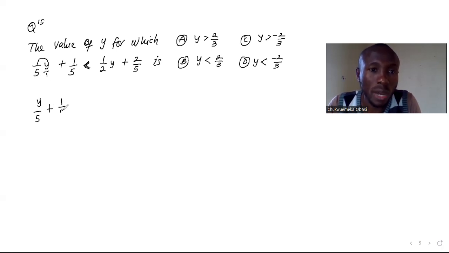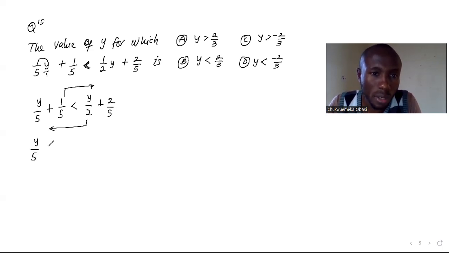Here is 1 over 5, less than, of course, here should be y over 2 plus 2 over 5. Now you want to collect like terms, take the y to the left-hand side and these guys to the other side. So now you have y over 5, then minus y over 2, less than 2 over 5. When this guy comes over, it becomes negative 1 over 5.